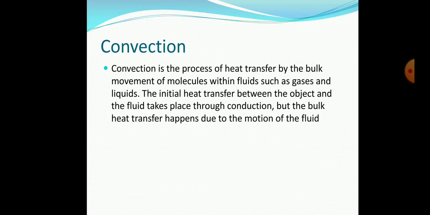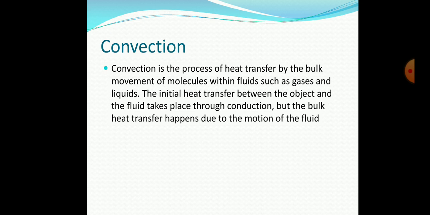Then we have the second mode of transfer of heat, that is convection. What is convection? Convection is a process of heat transfer by the bulk movement of molecules within fluids such as gases and liquids. You know from the chart also that convection takes place only in gases and liquids. It does not happen in solids.